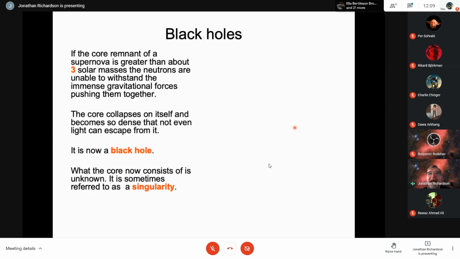So we have an object which nothing can escape from. Its core is unknown because we just don't know what is inside there, what happens to these objects. Maybe there's a complete new branch of physics that we don't know about, that maybe is occurring at the center of this object called a black hole.